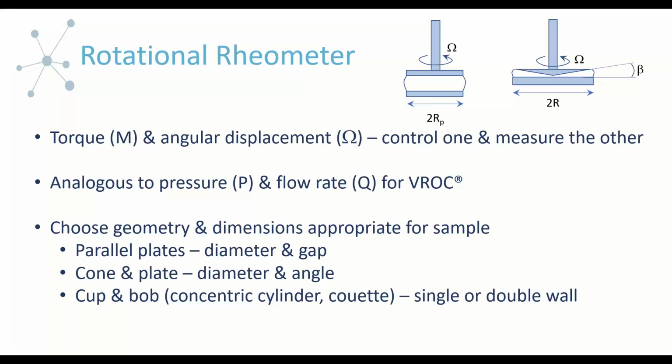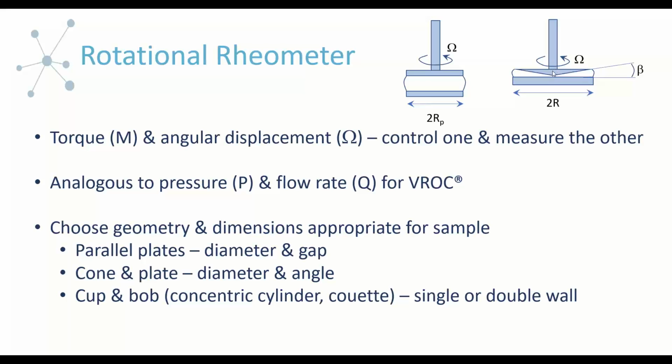When selecting these tools, you're going to be considering diameter for both the parallel plates and the cone and plate. For parallel plates, you also have to consider what gap you want to operate at, so what distance between the two plates, or fluid height, you will be working at. For the cone and plate, you need to choose the appropriate cone angle.